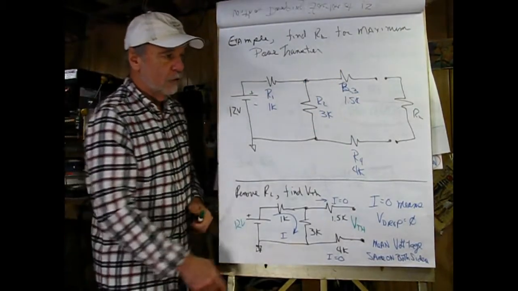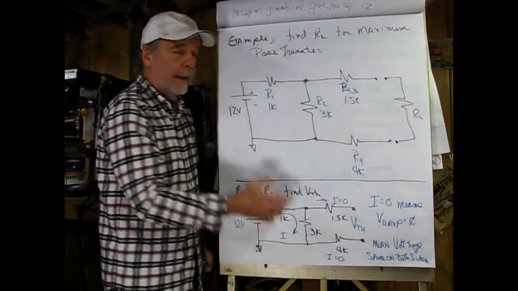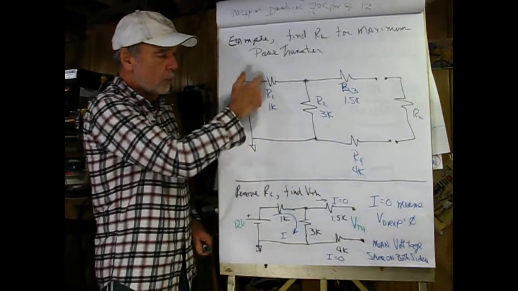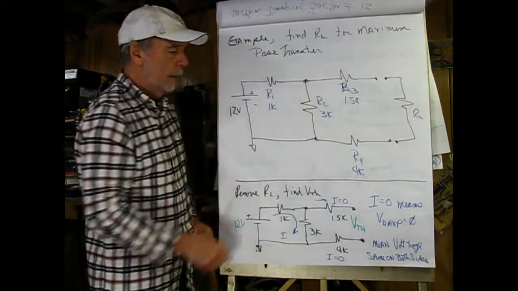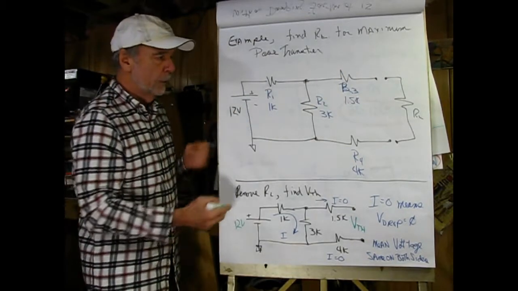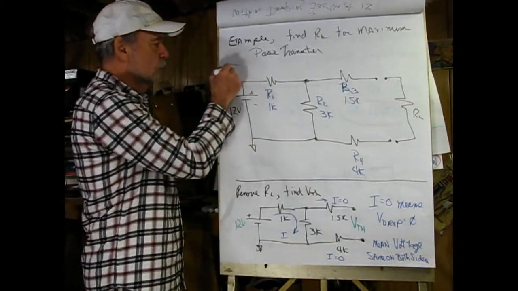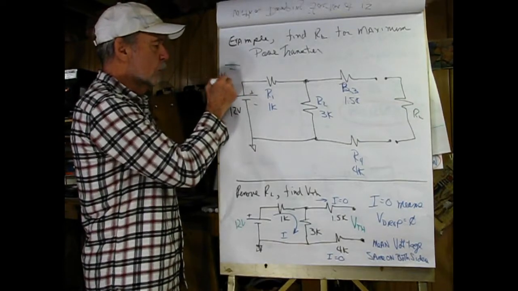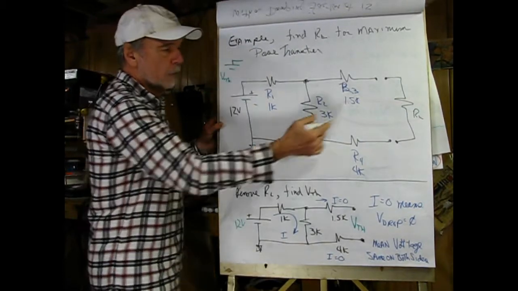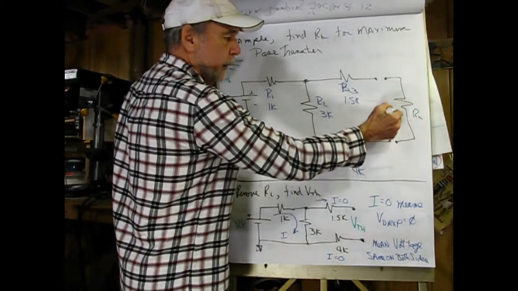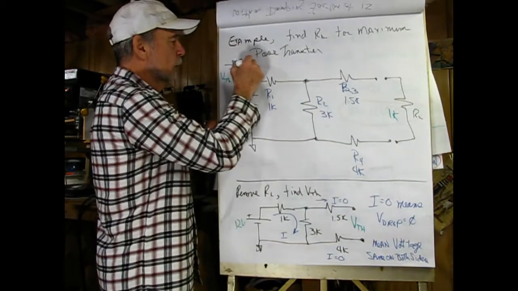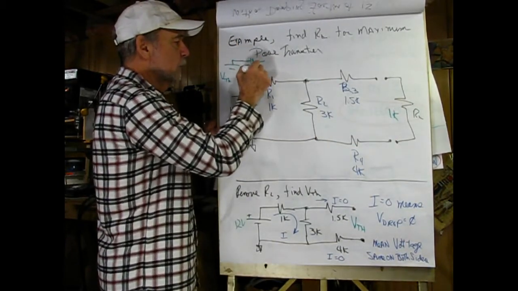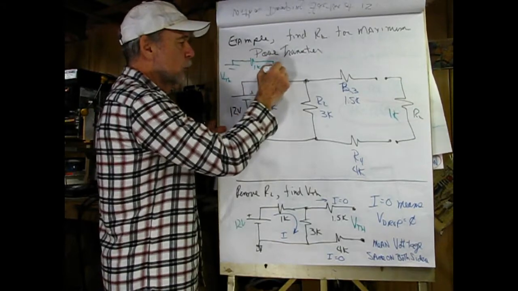So in that case, we know what RL is, and then what we would do is Thevenize this here, and it would be really straightforward because our source, VTH, which we don't know yet, and let us say the load here is 1K, is going to end up being 1K, and this would be our 1K load.